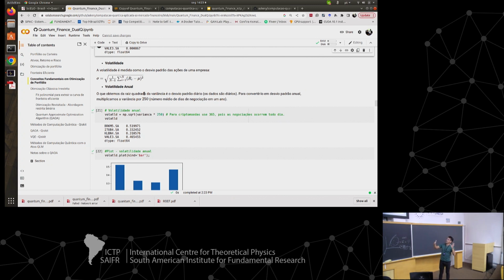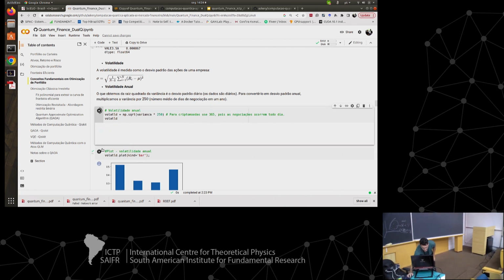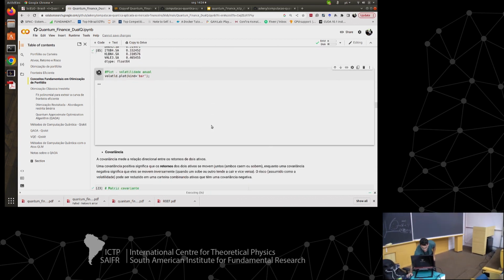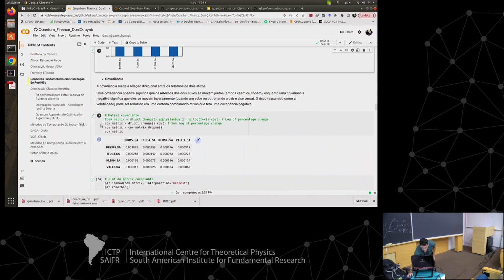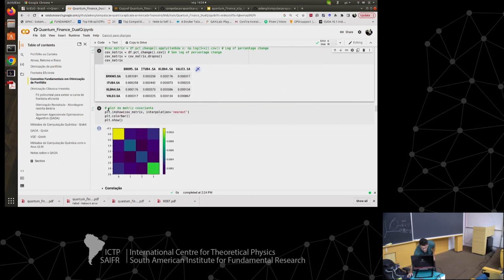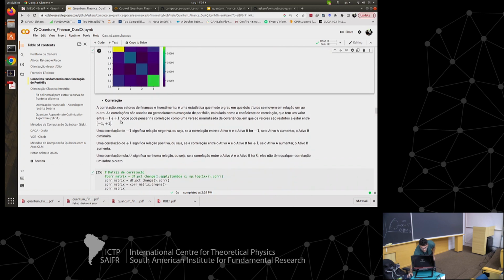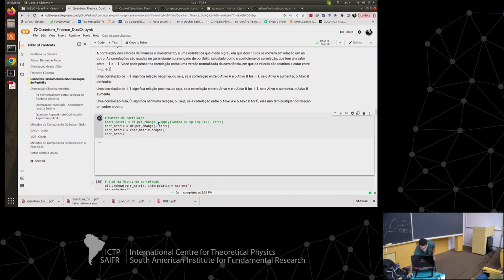To make it annual, as I told you, you multiply by the number of trading days you have. For the crypto market, they never stop, so you just use the number of days in the year. This gives us the ingredients we need. I'm just running that to get to my point.